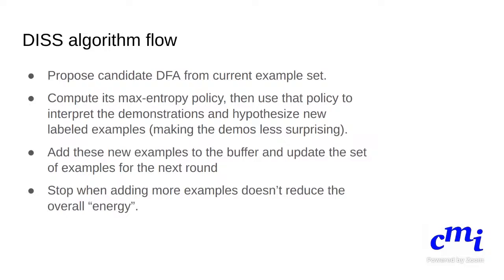We'll look at an example of how it hypothesizes, and then add these examples to the buffer and update the examples in the next round. It stops based on a termination condition that they define using the energy parameter. We'll see how they define it.